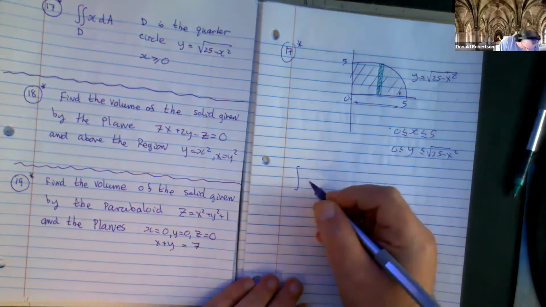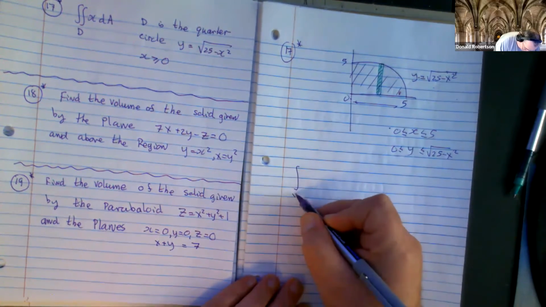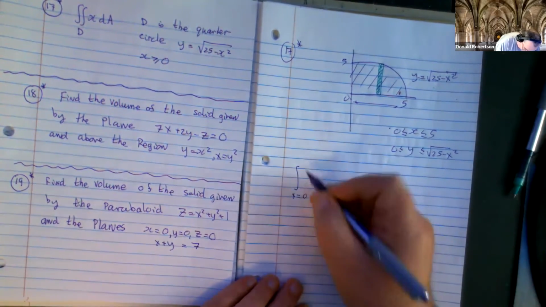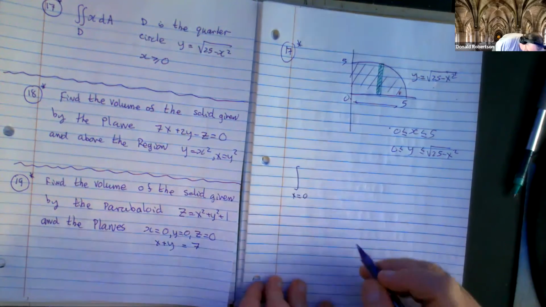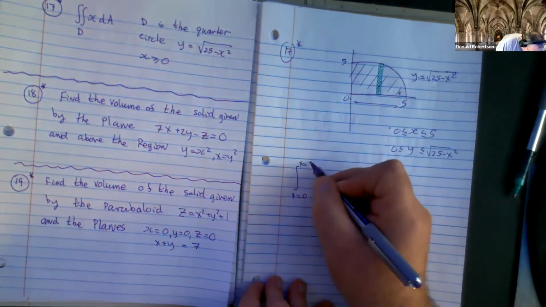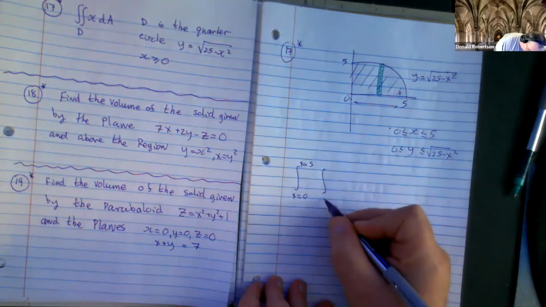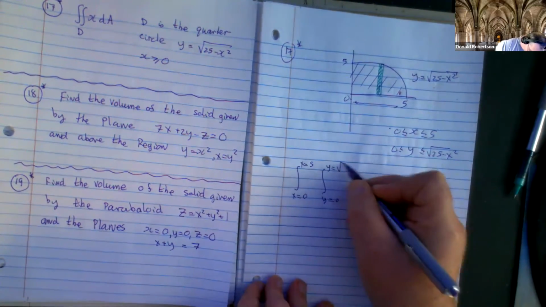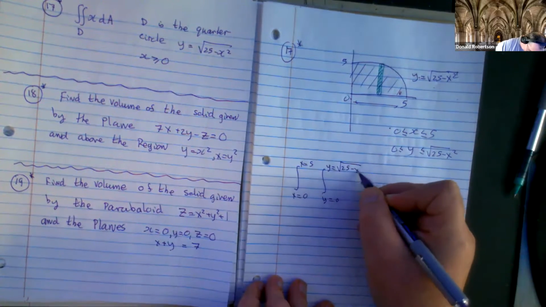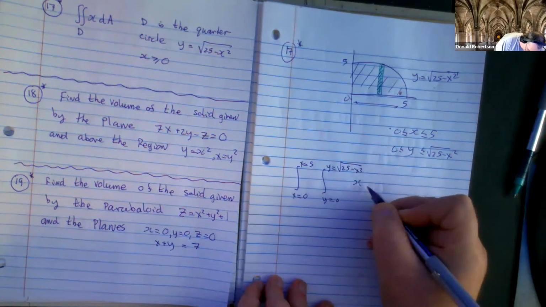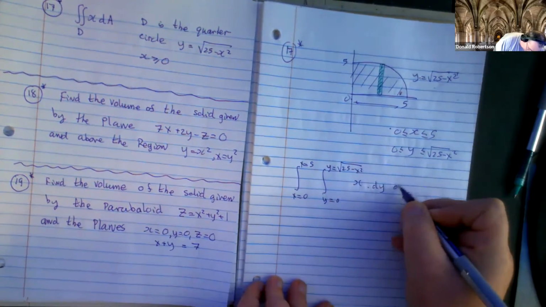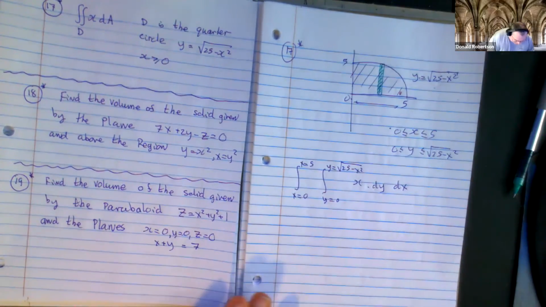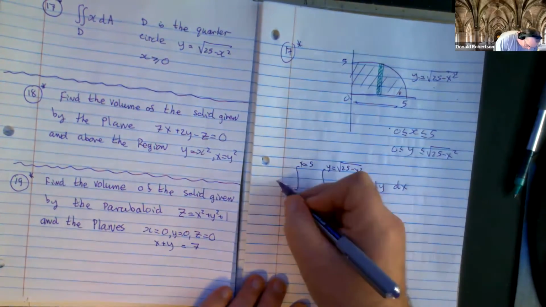So my integral will become x equals 0 to x equals 5 of y equals 0 to y equals that ugly guy, x dy dx. And this one I'm going to take a little bit further.